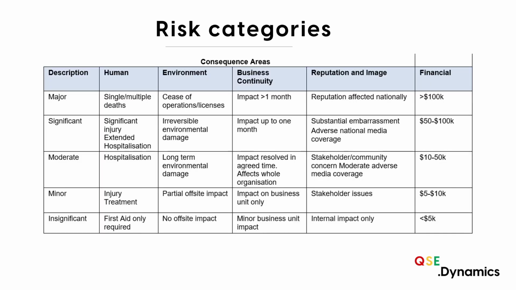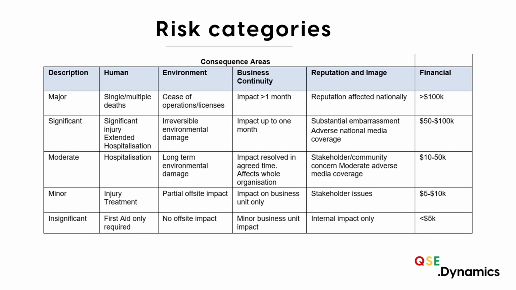Now, looking back at our table, it's really clear to see that with our consequences, we have clearer descriptions of what they are. So if we look at business continuity, a major is something that has an impact of more than 1 month. It's very clear cut. We know exactly what it means. And these are by no means some kind of hard and fast rule.